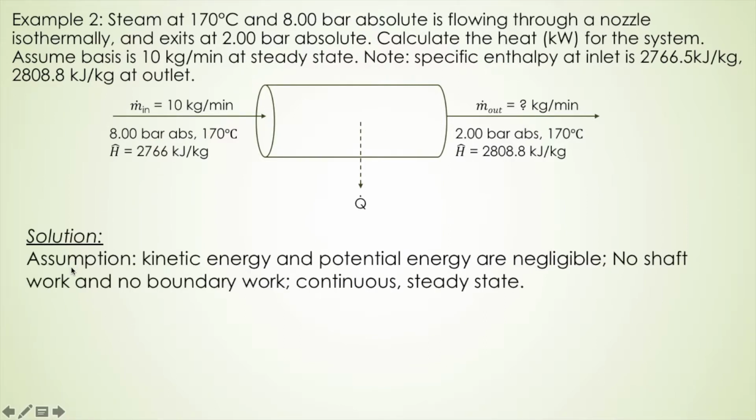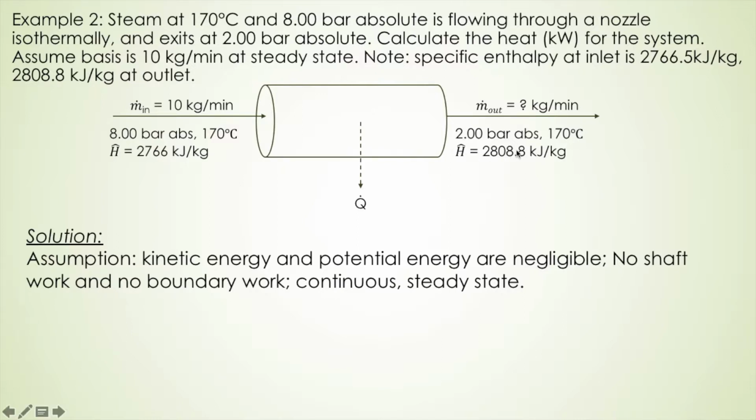Next, write down the assumptions. What do I assume to achieve the goal? Based on the problem statement, no velocity or elevation change is given, so we can ignore kinetic energy and potential energy for this problem.